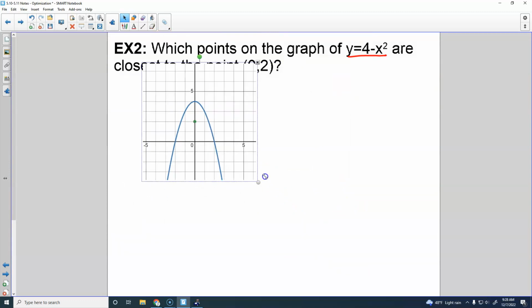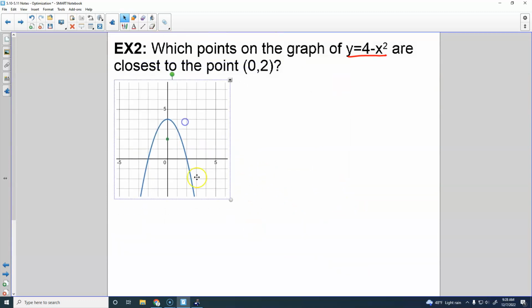Alright, so we could do this without Desmos, but we know this is a parabola, it's upside down, its y-intercept is at 4, and then the point (0, 2) is right here. So, we want to know which points on the graph are closest to (0, 2). I know the points are not going to be down here, right? That's too far away.